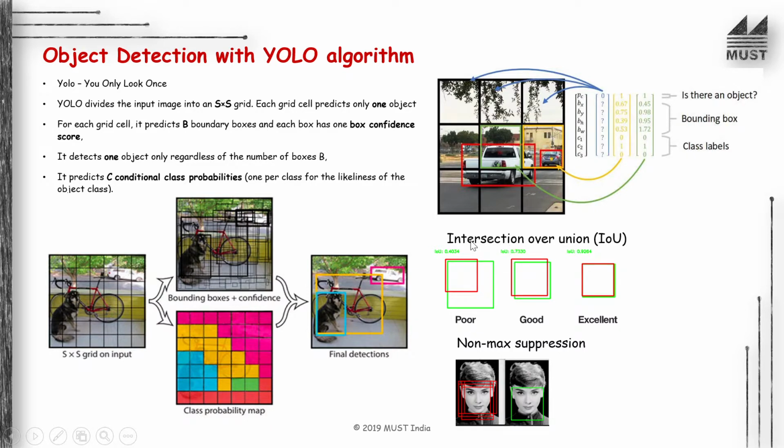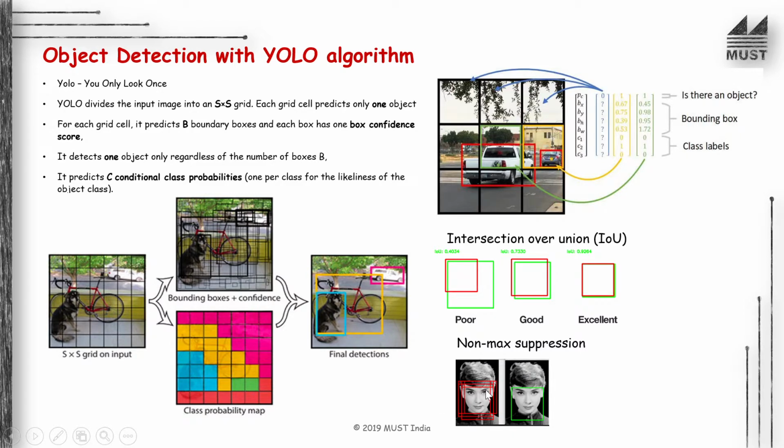There is something called intersection over union. If you have multiple bounding boxes, you try to find out the intersection over union ratio, and where it is the maximum, you consider that as the best bounding box that you should take, and accordingly you do something called non-max suppression.